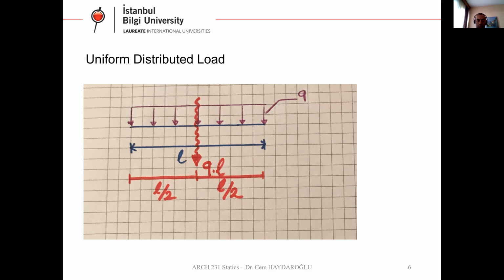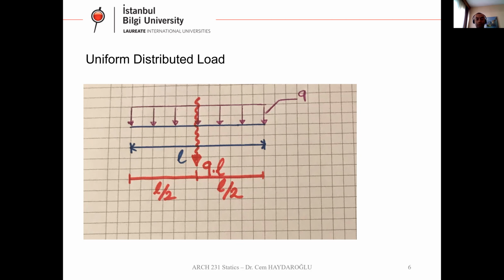Okay. In the next stage, we are going to calculate support reactions. It's important for us in this course. Support reactions. And we have a structural system. On top of this structural system, there are different loadings, whatever. I'm going to ask you, what are these support reactions? These support reactions are important.